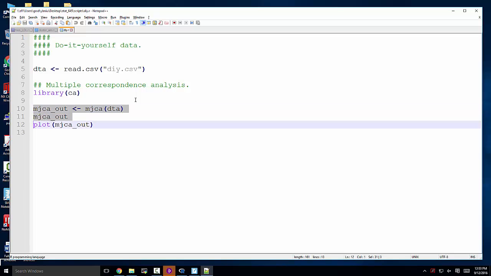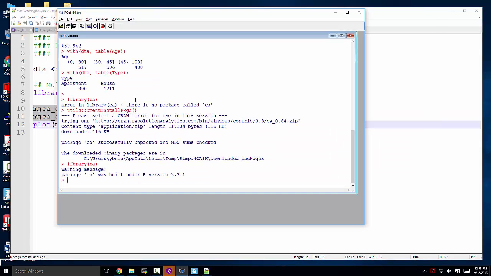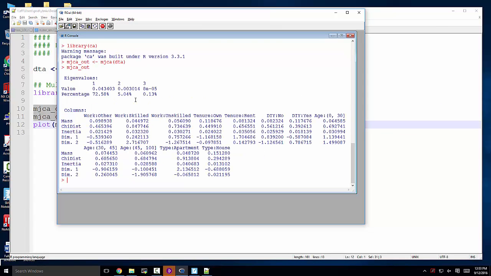So here is calling the function and looking at the output. Here's the output. What we get is PCA-like output. In particular, we have different dimensions or directions that were obtained.